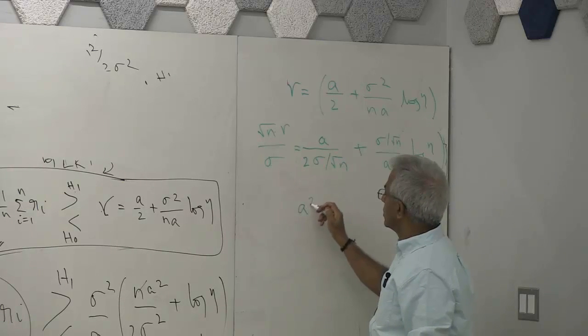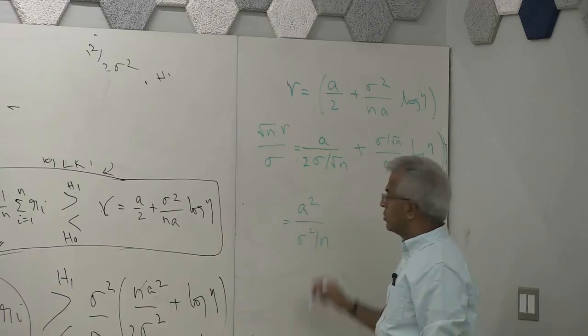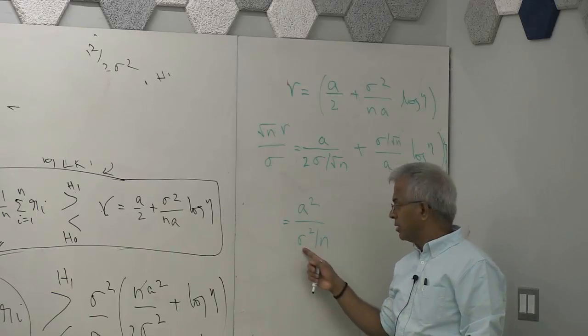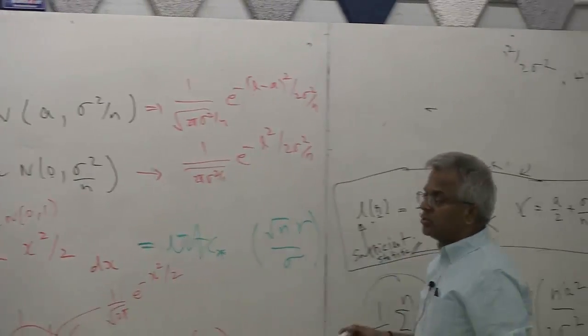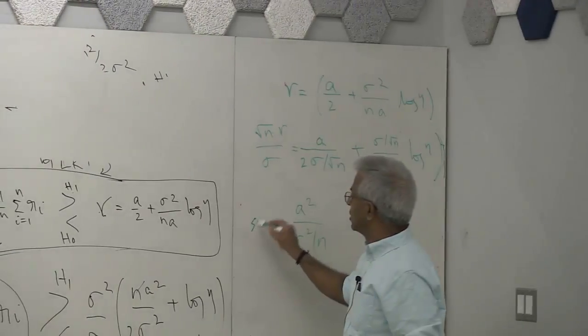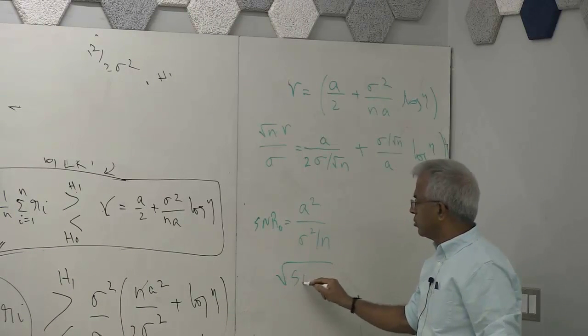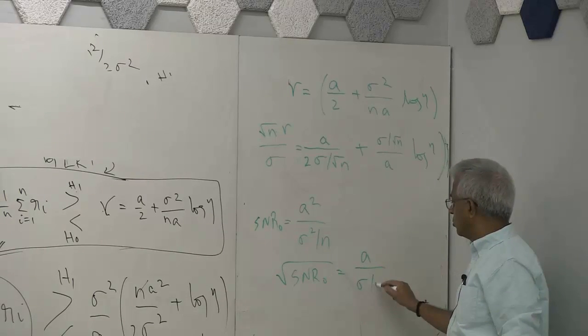Now look at here. Anybody knows what this quantity is? It should be physically meaningful. A squared is the signal power. Sigma squared over n is the output noise power, right? So if you want, you can call this SNR output. So square root of SNR is A over sigma over square root of n.